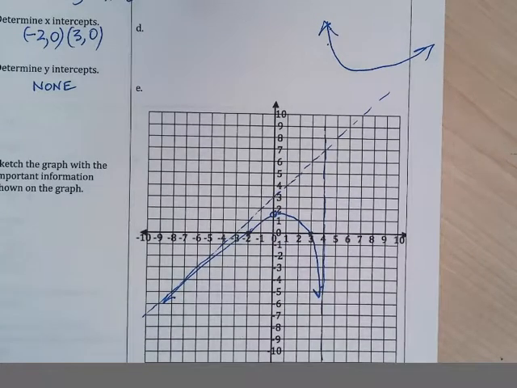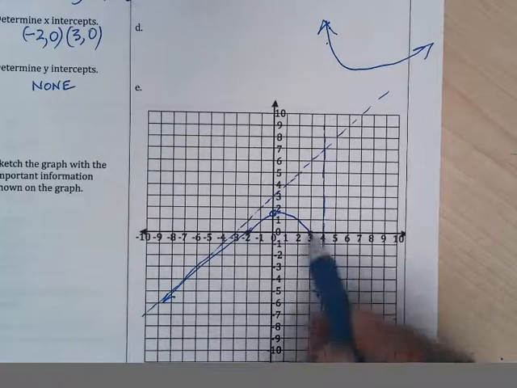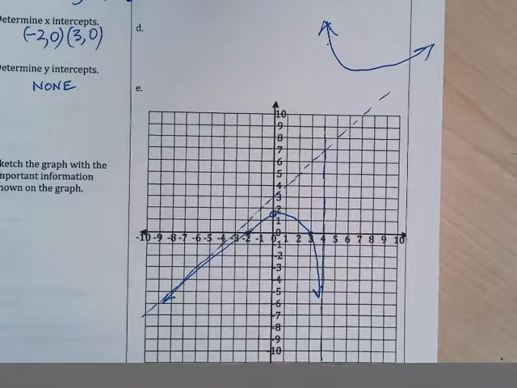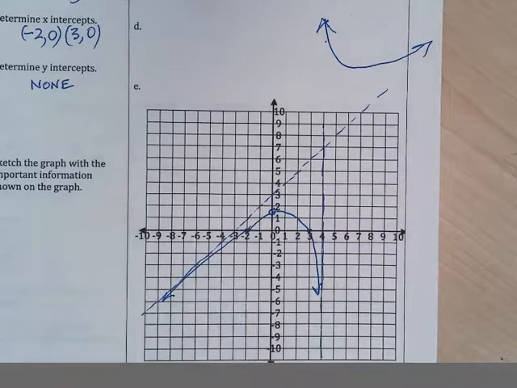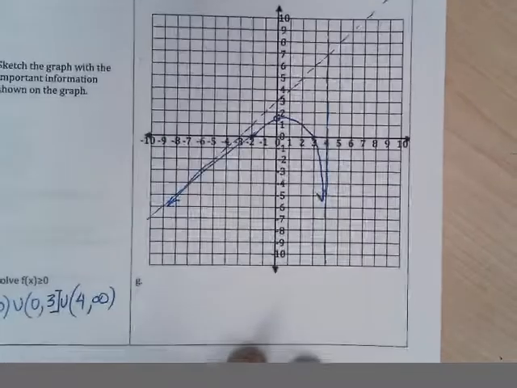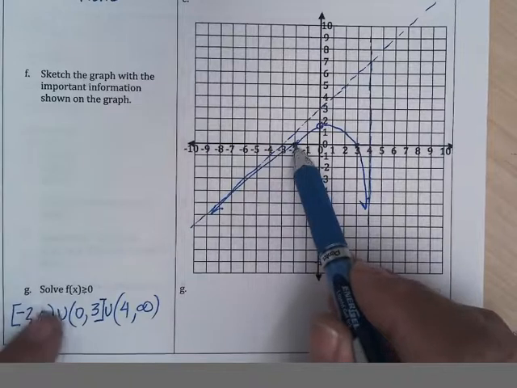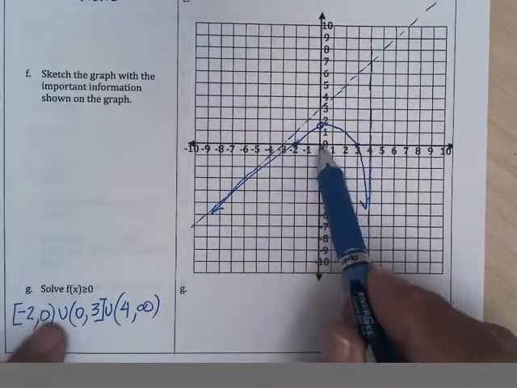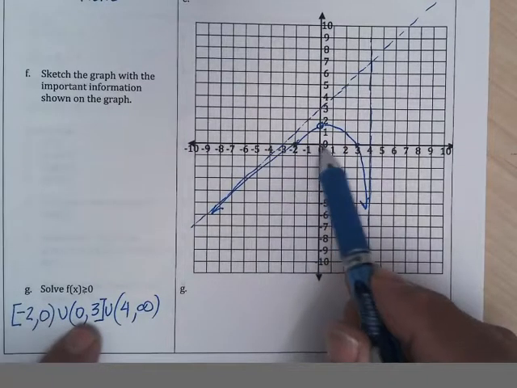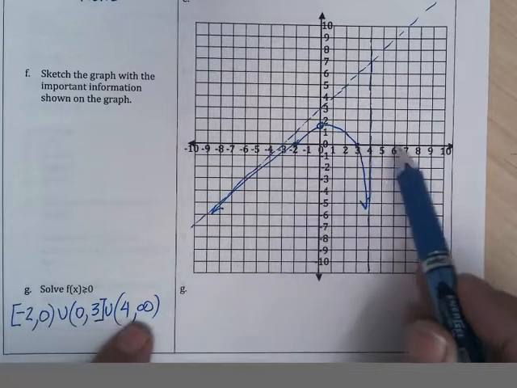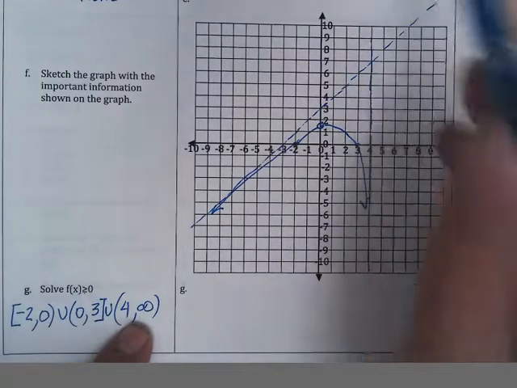So from minus 2, including minus 2, because it's equal to 0, up to 0, union from 0 up to 3 and including the 3, union the rest. Minus 2 to 0, and then from 0 to 3 it's positive, and then beyond 4, it's all positive.